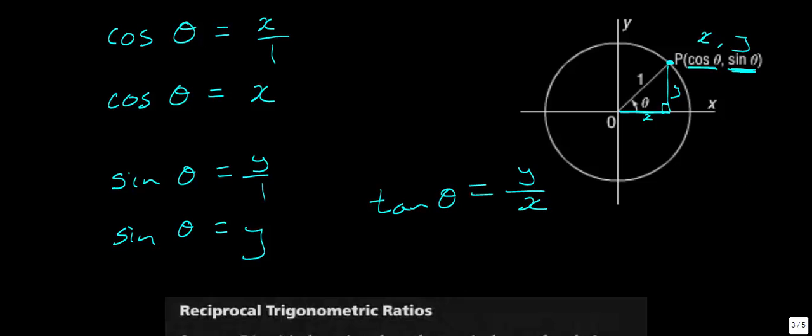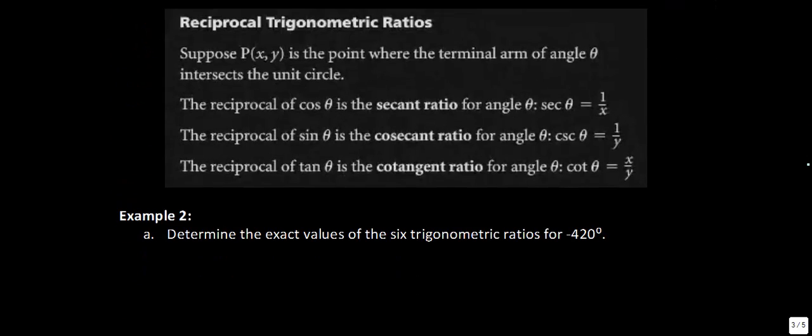And so finally, something definitely new that we're getting right here is these reciprocal trigonometric ratios. If you remember what a reciprocal is, it's any number that you multiply by another number such that it gives you 1. Well, we have some different ratios that you're going to be introduced to now. The reciprocal of cosine is written as secant, and we express it as SEC, so we'd write secant theta is equal to 1 over x.